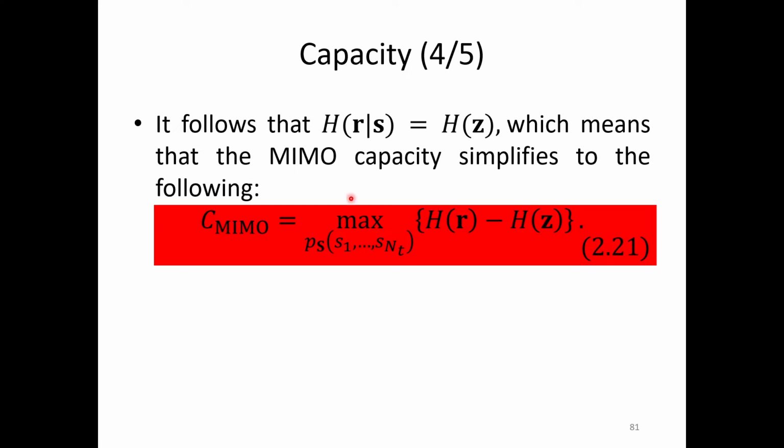Okay, in equation 2.21, C MIMO, that is the MIMO capacity, is equal to the maximum of H of R minus H of V. And the maximum is taken over all possible p of S1 to SNT, where S1 to SNT are the transmitted symbols on the first to NT's transmit antenna, and S is the transmitted symbol vector.